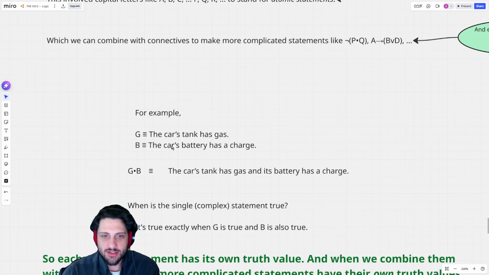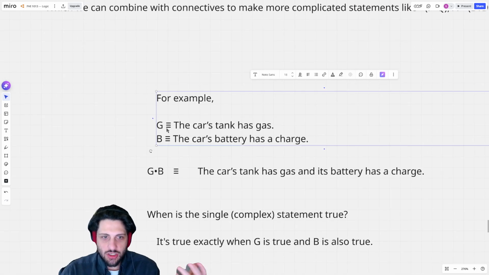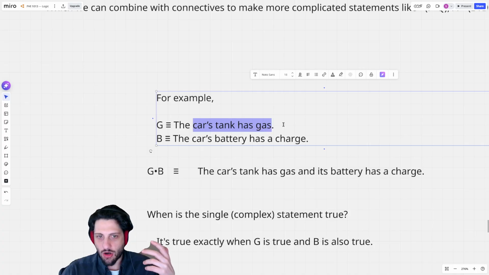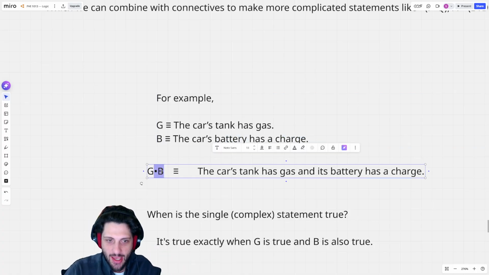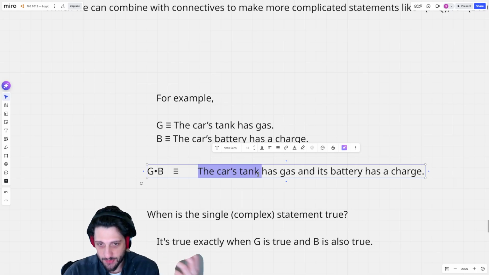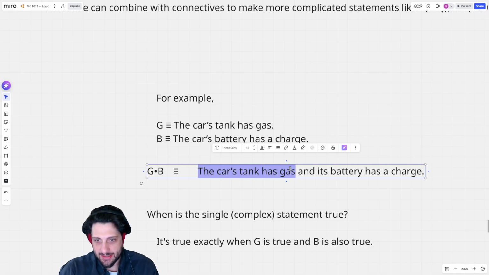So here's an example. G, let's say, means the car's gas tank is full, and B, let's say, means the car's battery has a charge. So we can say G and B, which is what we talked about last week and the past few weeks: the car's tank has gas, and its battery has a charge.